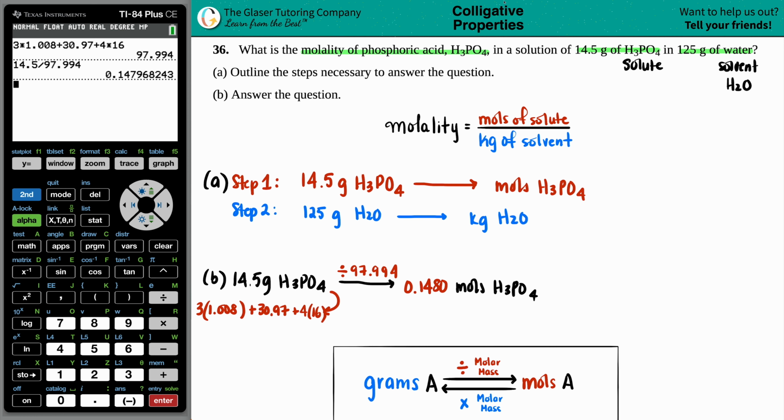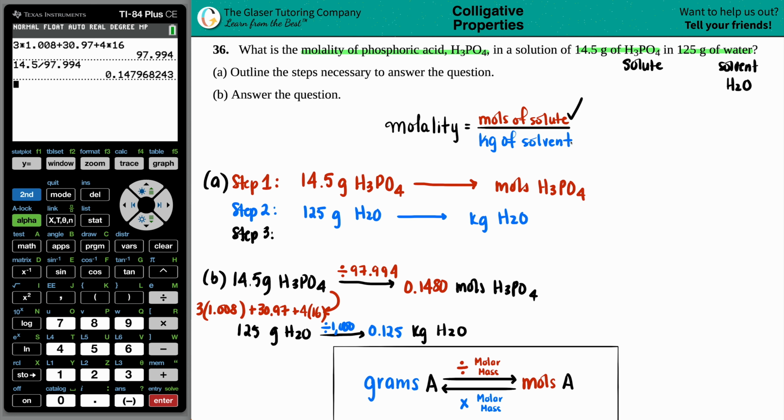Going from grams to kilograms, all we have to do is just divide by 1,000. Similarly, you could take your decimal and move it to the left 3 times. 1, 2, 3. So this would be 0.125.